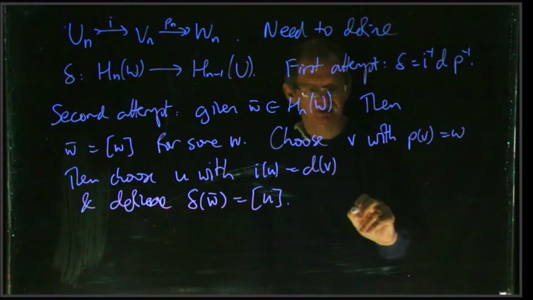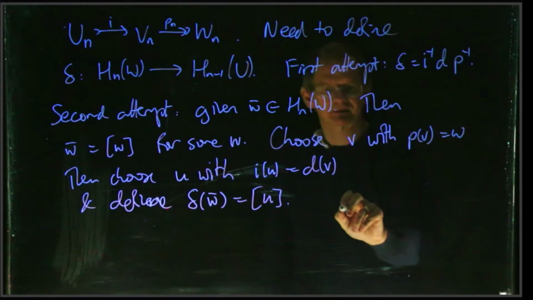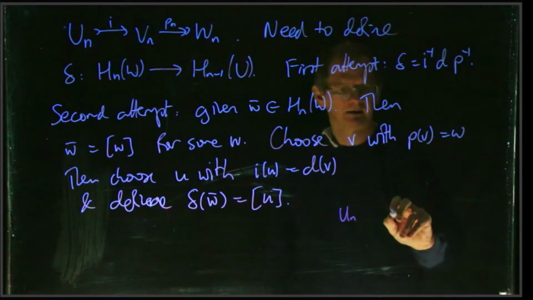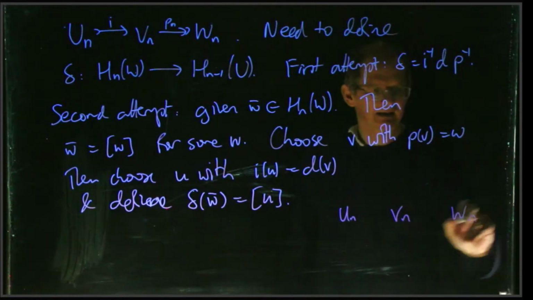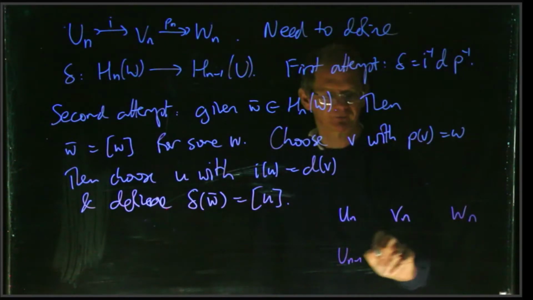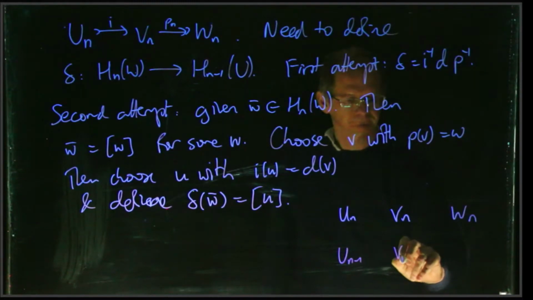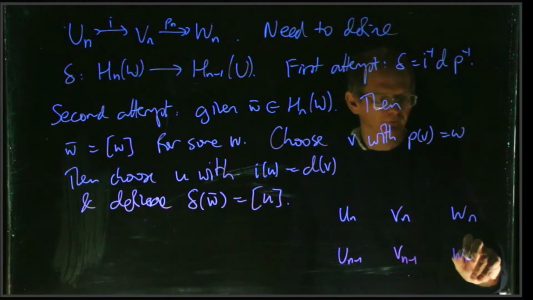And let's just actually draw a little picture of that. So we've got U_n here, V_n here, W_n here, and then one dimension down, U_{n-1}, V_{n-1}, W_{n-1}.